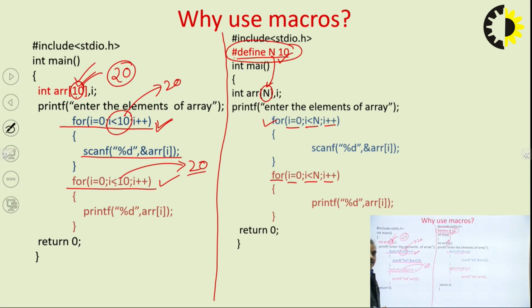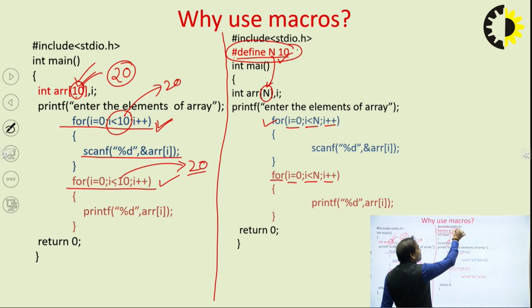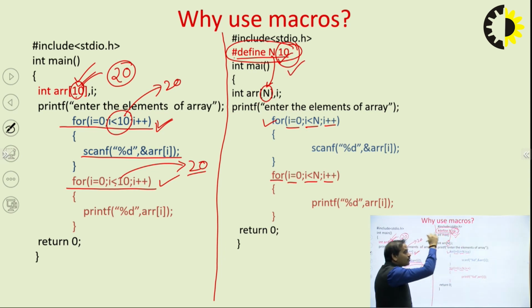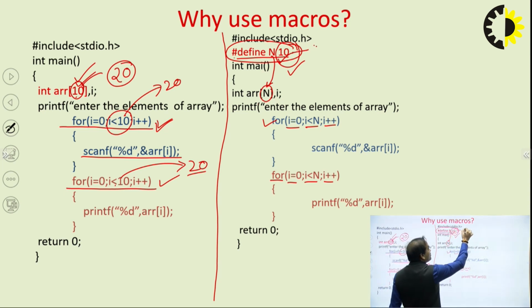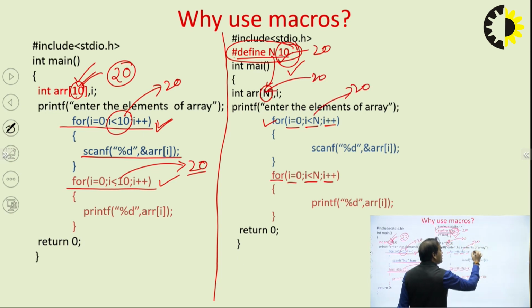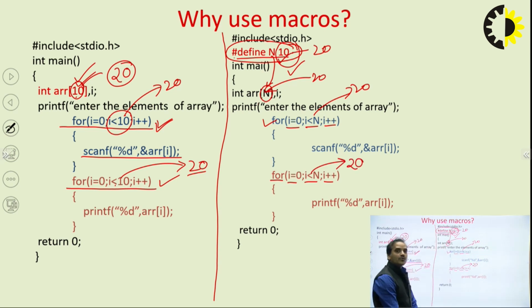But if we use a macro definition, in that case we have to change only at this point. If we change at this point, the whole code will be modified. Here, we write 20, and automatically this value is 20, this value will be 20, and this value will also be 20.